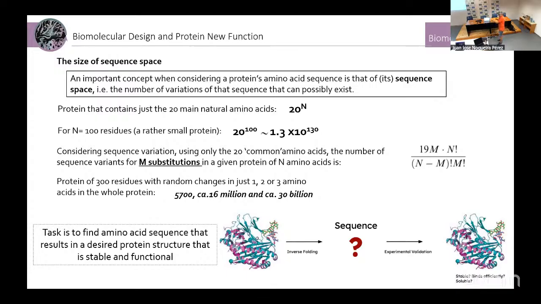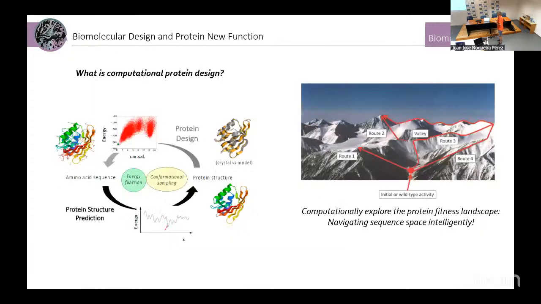But the task for computational chemists is to try to find the amino acid sequence that results in a desired protein structure that is, of course, stable and functional towards your target function, in a rational way, somehow. And this is what computational protein design is about.